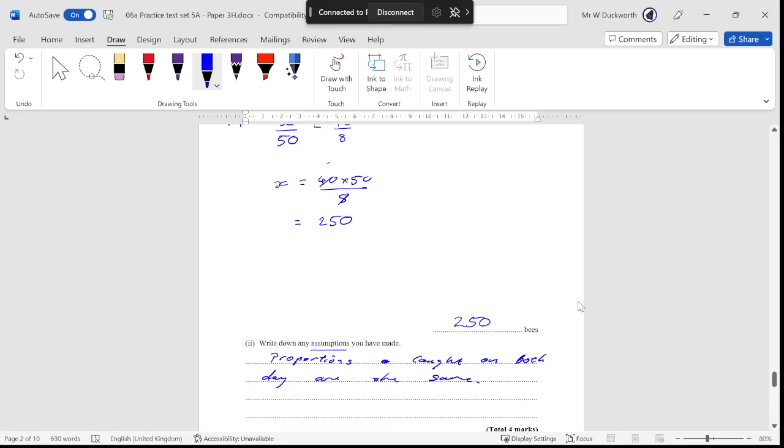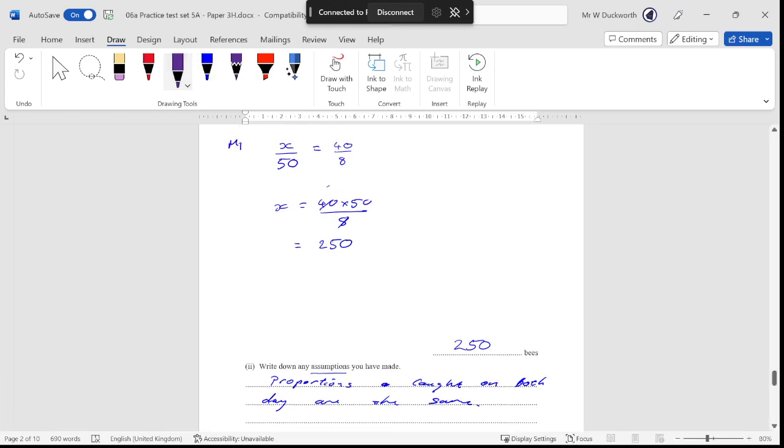And then marks for that were an M1 for setting up a fraction of proportion, M1 for working it through, and then an A1 for 250. And just kind of scanning, if you hadn't crossed out your working, you can pick up marks.